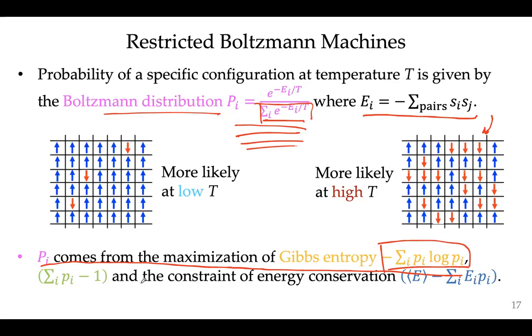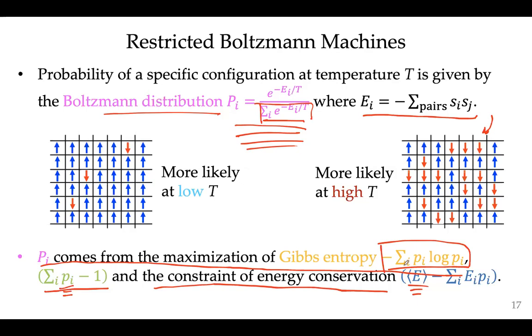So you want to maximize the total entropy, and also you have to add the fact that the summation of the probabilities should add up to 1, and you also have to consider the constraint of energy conservation, or if you take the average energy, it will be defined, so it will be equal to some average energy variable.